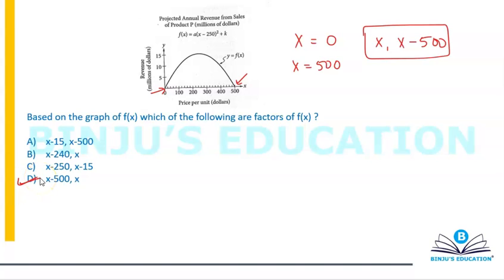Can you also tell me what will be the price per unit if I want to maximize my revenue? What should be the price per unit if I want the maximum revenue?